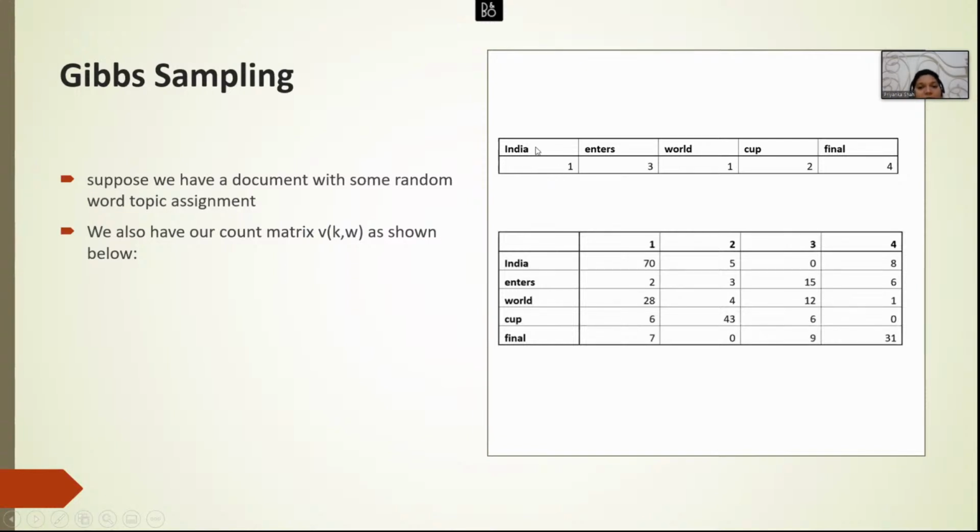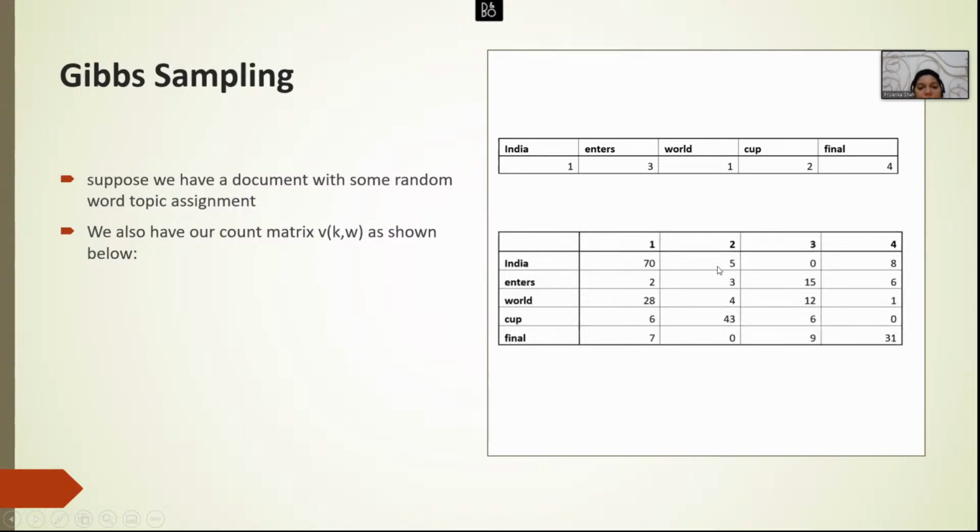India belongs to topic 1, enters maybe belongs to topic 3, world belongs again to topic 1, cup belongs to topic 2, and final belongs to topic 4. And in each of these, the count is shown: how many times India appeared in topic 1, how many times in topic 2, and how many times as part of topic 4, something like that.